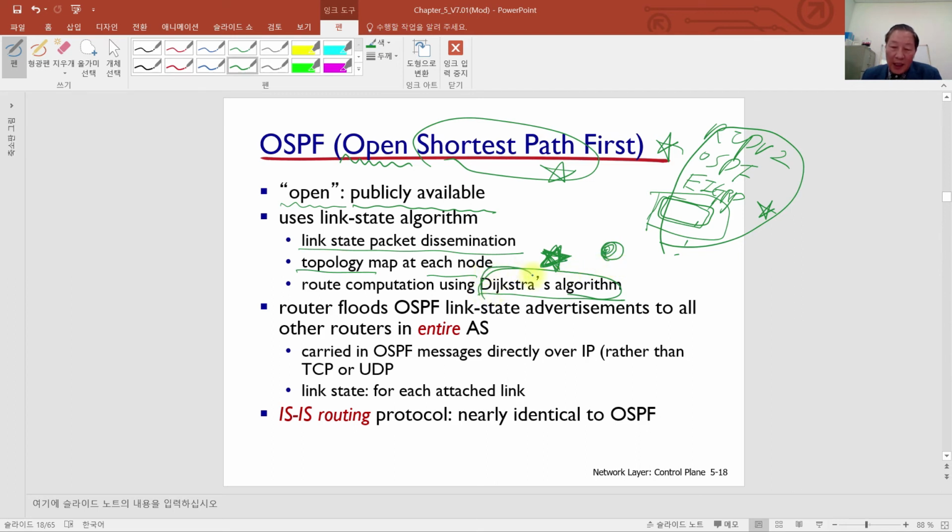Actually, Dijkstra is the name of a person. He is a mathematician and also a computer scientist, Dutch, from the Netherlands. Around 1959, this scientist was also a computer programmer. He worked in some company.